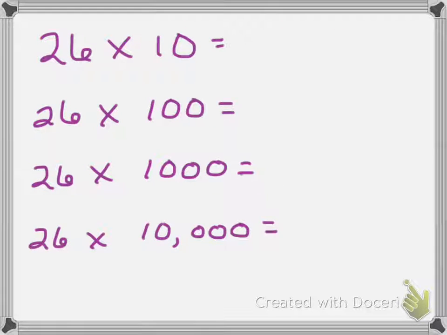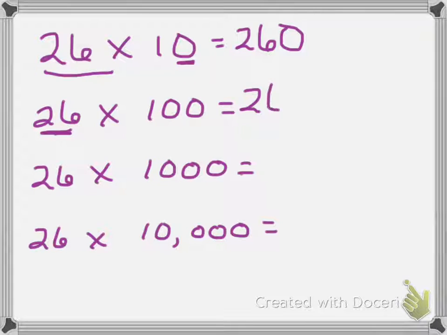So I want you to look at this and see the pattern. I'm going to take my digits, 26, and since I'm multiplying by 10, I'm just going to add 1 zero. Here, I'm going to take my 26, and because I'm multiplying by 100, I'm going to add 2 zeros to get 2,600.